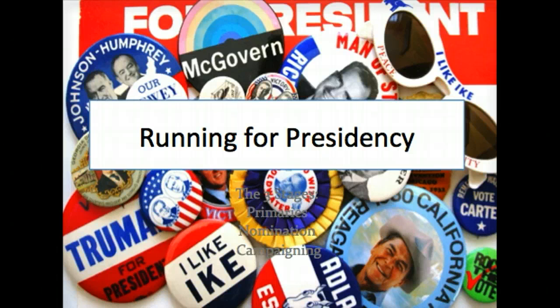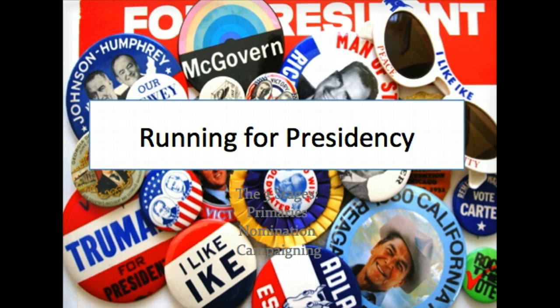Sorry. We're going to go over the different stages for running to become the president. Who can run? It is important to point that out. You have to be a natural born citizen of the United States, which means you either have to be born to a citizen of the United States, so your citizenship by blood, or you have to be born here on American territory.